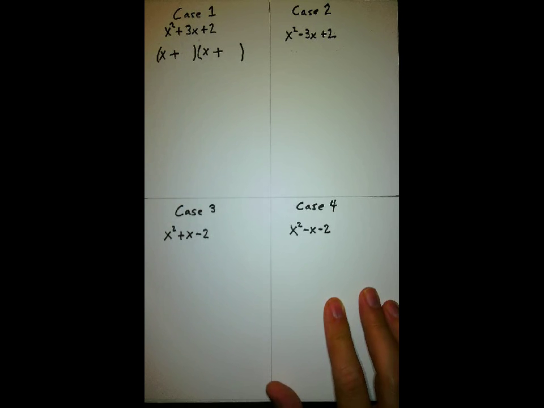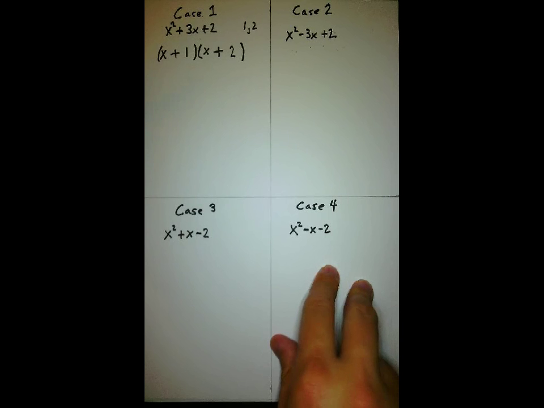Okay, next step, we have to think of 2 numbers that when we multiply them we get a 2, and when we add them we get a 3. And that's going to be pretty easy, right? 1 times 2 gives us 2, and 1 plus 2 gives us 3.